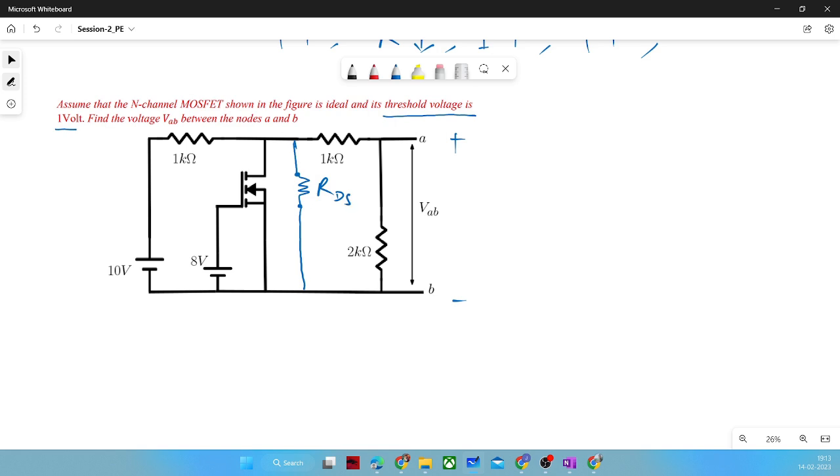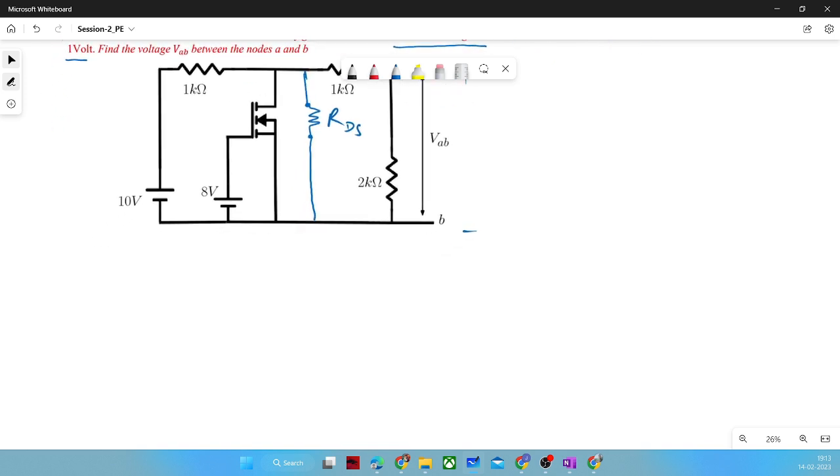RDS. So now we will draw the equivalent circuit again. 10 volt.